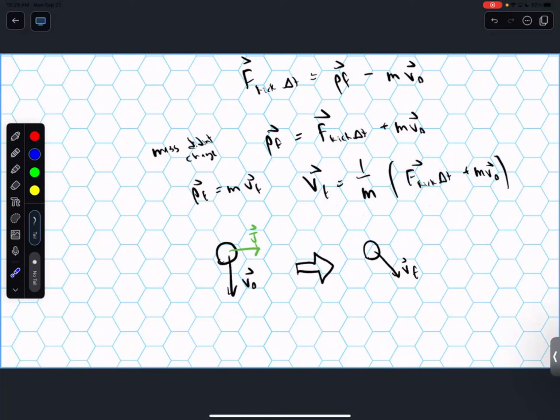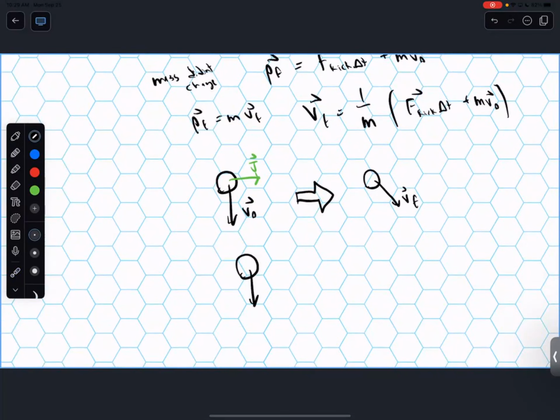Likewise, I can have cases where I maybe accidentally kick it a bad way. So maybe I have the ball going downwards, and then I kick it this way. Depending on how hard I kick it, I could get a case where my ball just moves at some smaller velocity because I've kicked it against the direction it was heading.